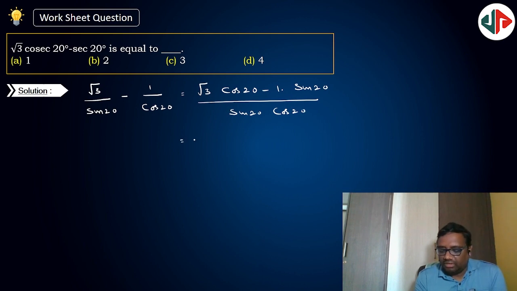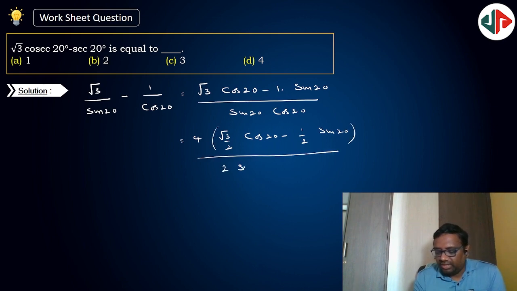So multiplying with a 4, root 3 by 2 into cos 20 minus 1 by 2 times sin 20, by 2 times sin 20 into cos 20. So it is nothing but root 3 into sine of 60 minus 20 by sin 40. So your answer is 4.